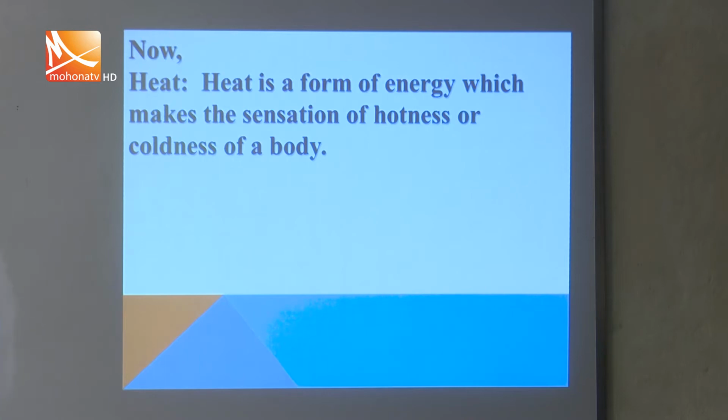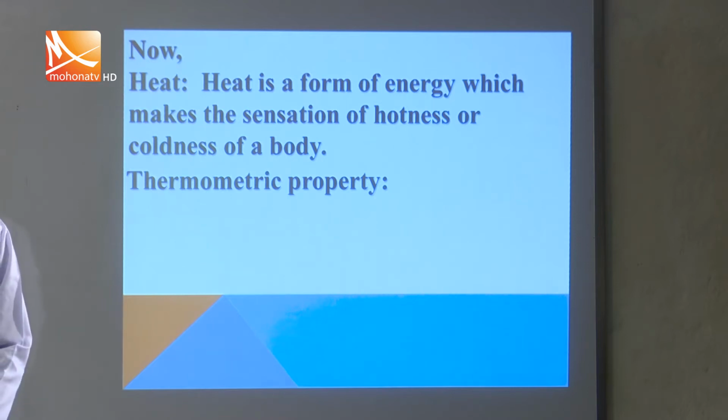Now, how can you measure the temperature of a body? In order to measure the temperature of a body, you have to take the help of others, and that is thermometric property. There are some substances which show the thermometric property. So what is thermometric property? Thermo means again heat and metric means measurement.